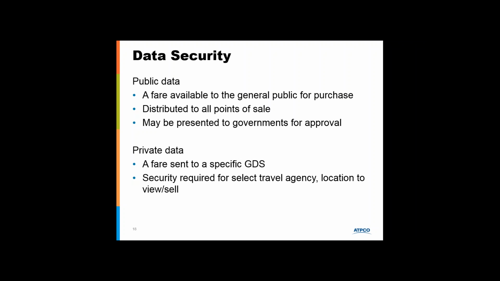So we have a lot of data that airlines put in that an agent only gets to see. They don't see that themselves. It just becomes too much data. But that's normally done when you have consolidated corporate contracts, things of that nature. So there's a lot of public data, but more private.